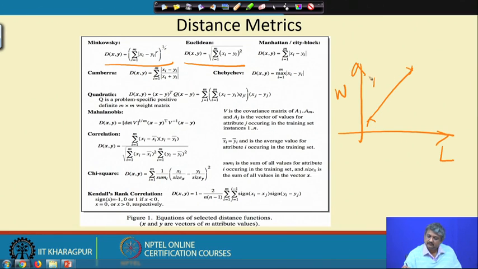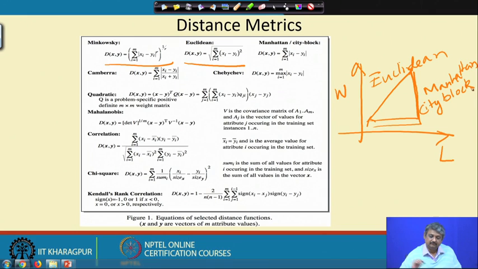This plus this is Manhattan or city block. You can have a weighting factor q, called the Minkowski distance, this one. Others are also possible.